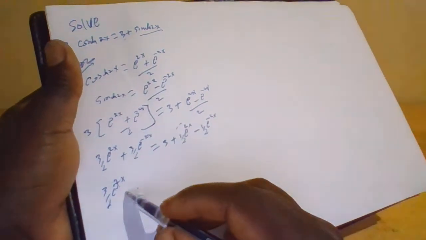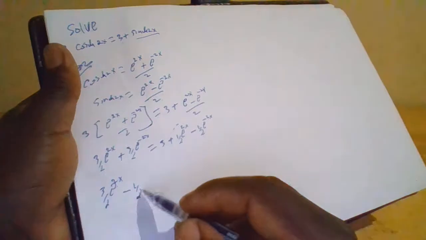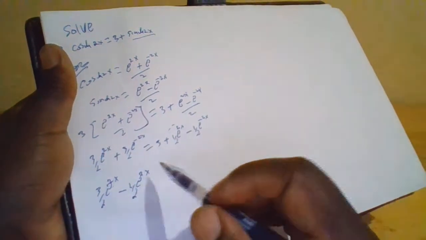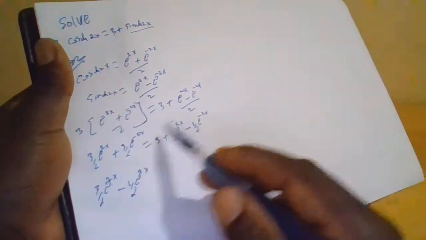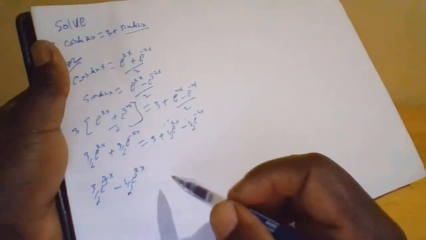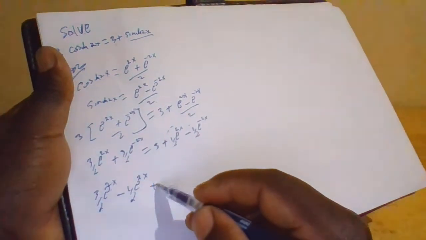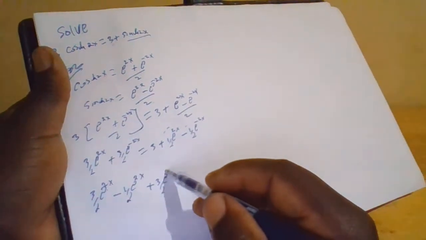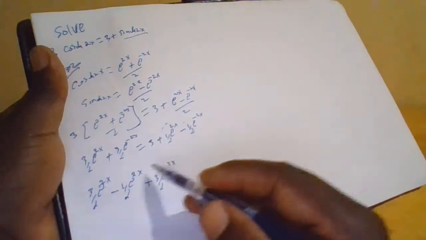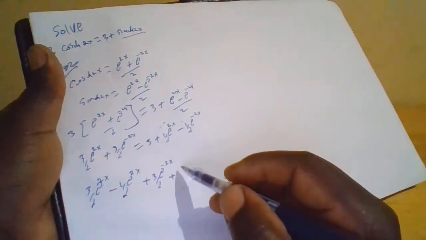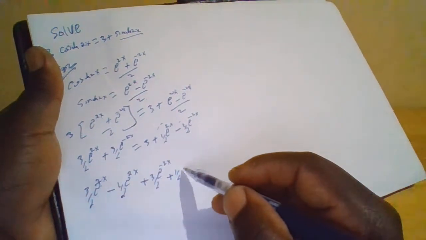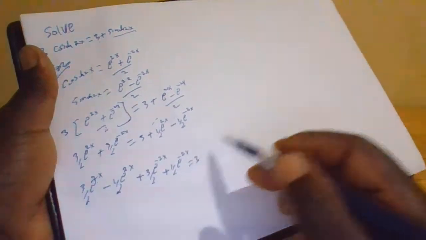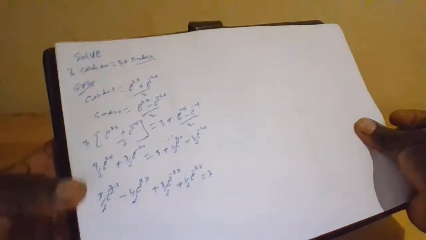So we shall have this minus a half e^(2x), and then this and these are like terms, so we shall have plus 3 over 2 e^(-2x). This crosses the equal sign, becomes plus a half e^(-2x). This equals 3.